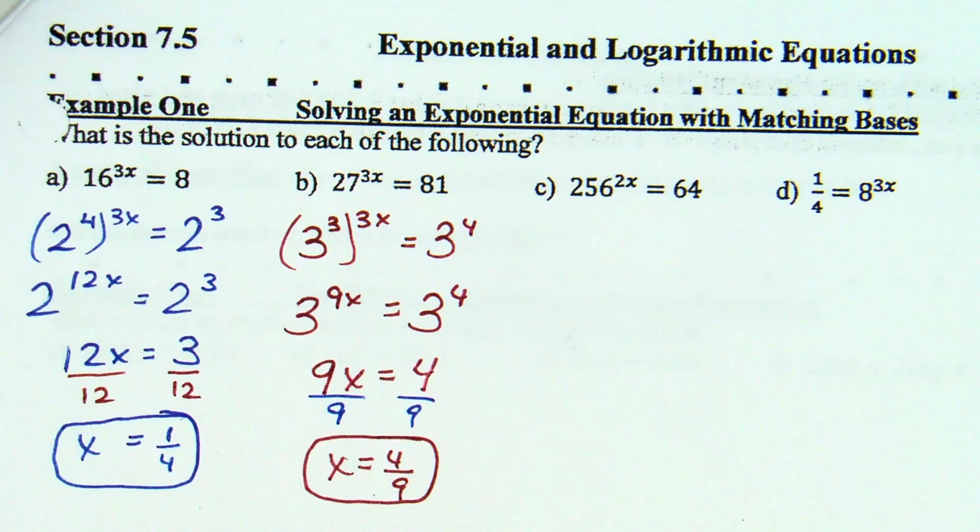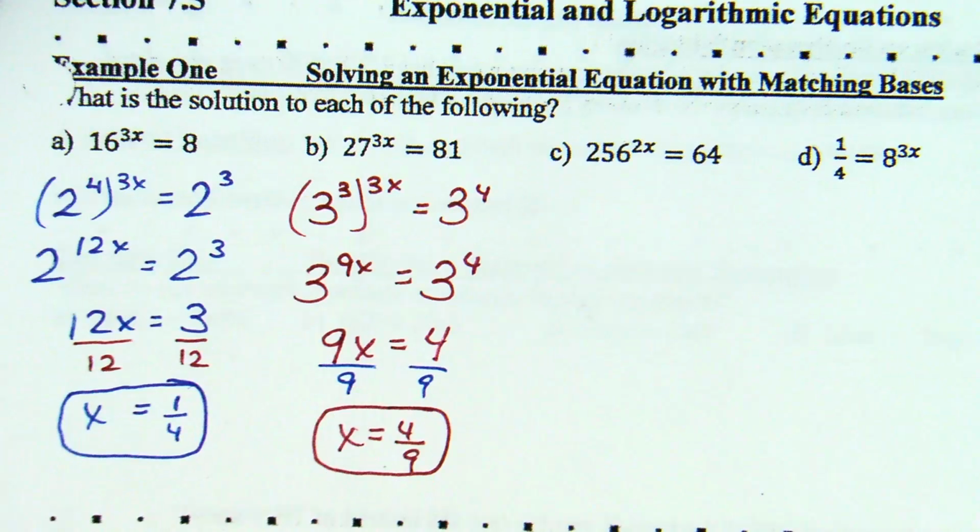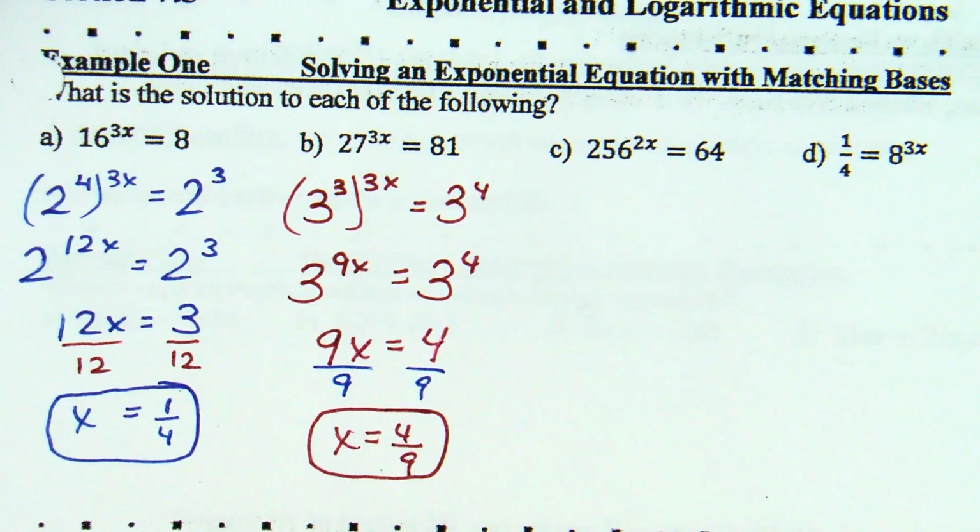I know this could probably skip C and jump us down to the fractions, but I feel like you guys have the hang of these. 256 to the 2x equals 64.